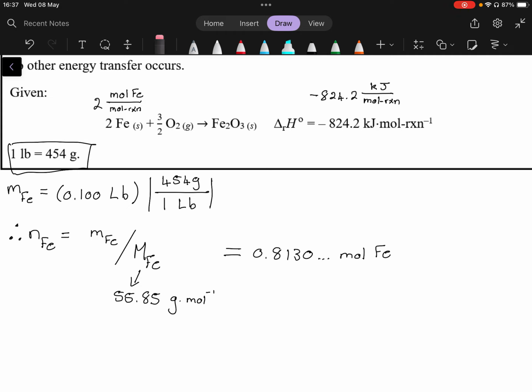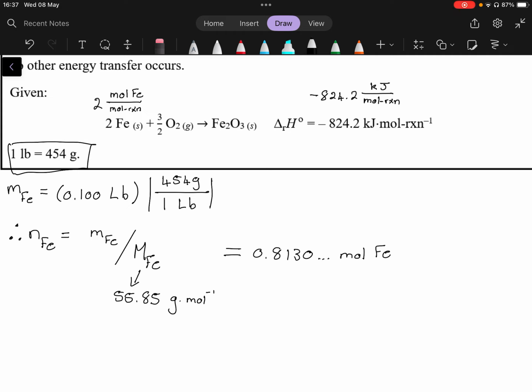There doesn't need to be a minus 1 there. So that is the given information. It tells us 2 is equal to minus 824.2.